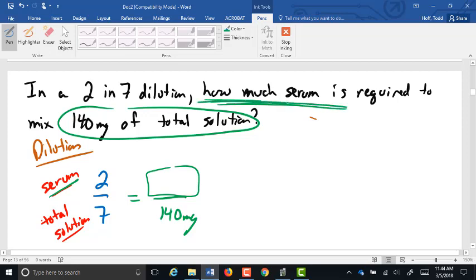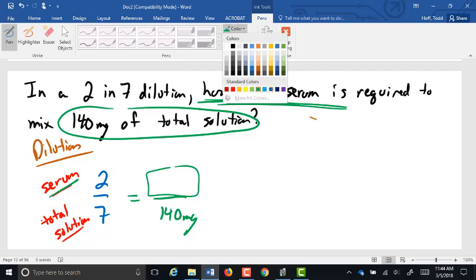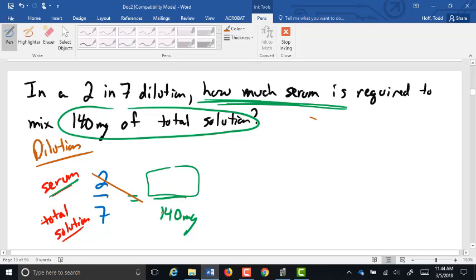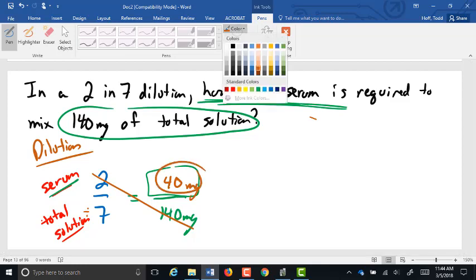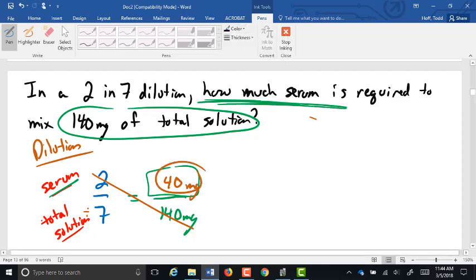As we look at our problem, we see, yes, how much serum is required? So we cross multiply and divide. 2 times 140 divided by 7 is 40 milligrams. So to mix 140 milligrams of that 2 in 7 dilution, we would require 40 milligrams of the serum.